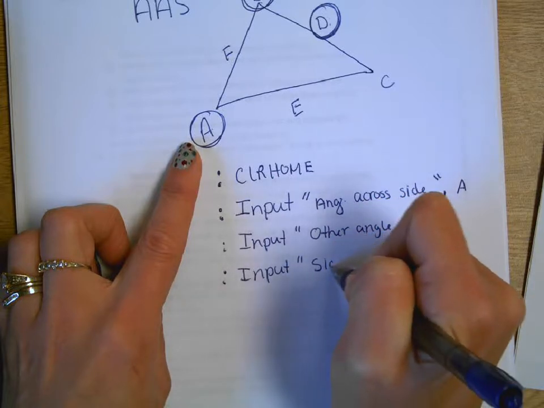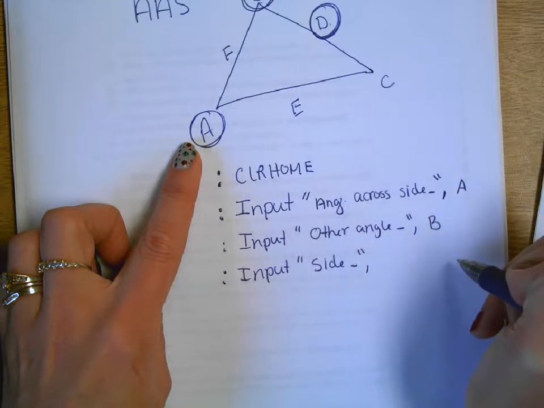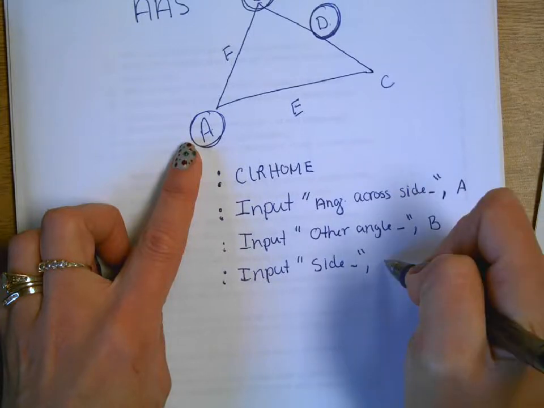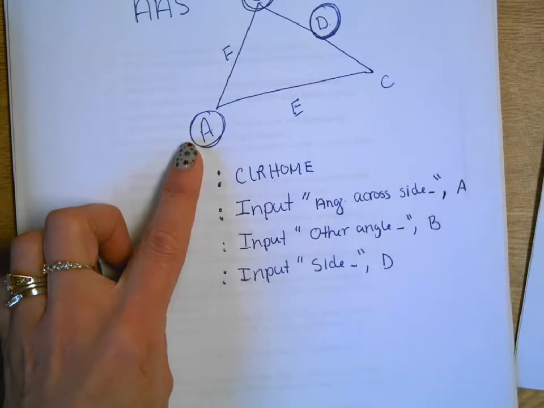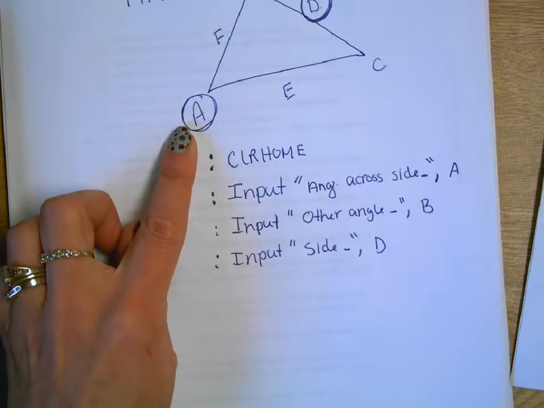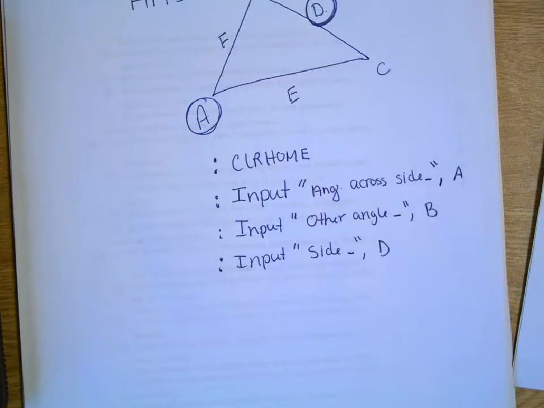Side. What's that? I said side across. Well, there's only one side to put in, so that's going to be stored in D. Okay, that's the first one.